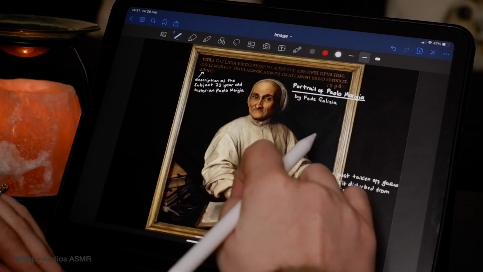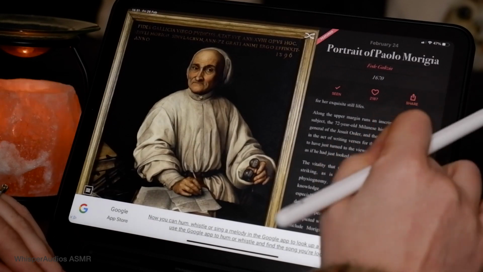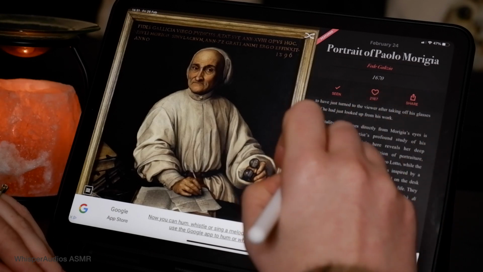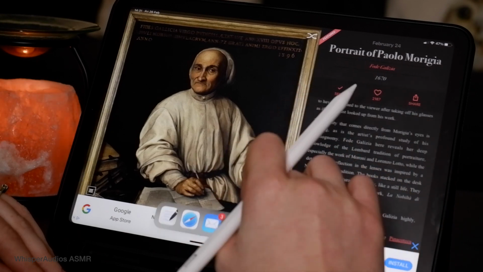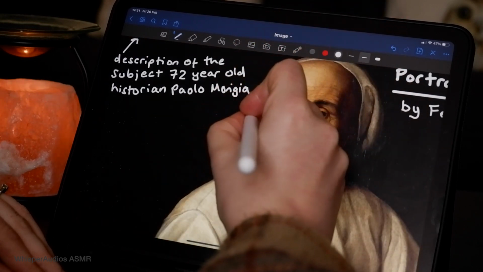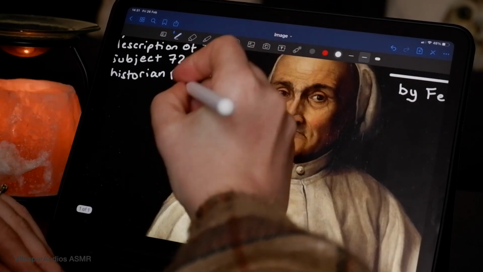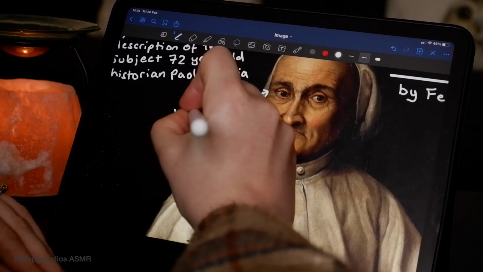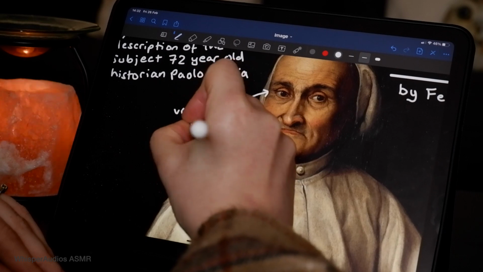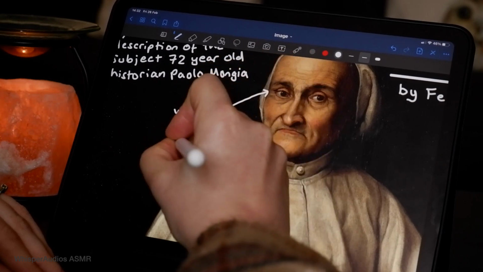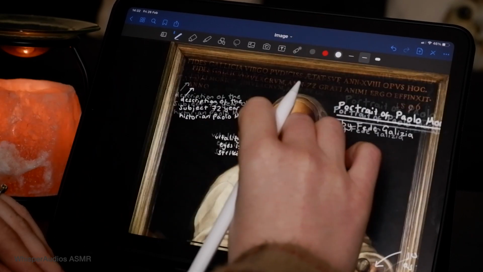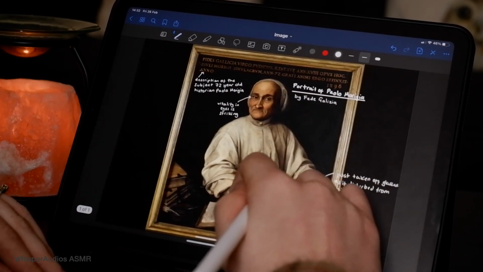Okay, and what else does it say? The vitality that comes directly from Morriga's eyes is striking. So yes, I agree. So vitality in eyes is striking. I absolutely agree with that.